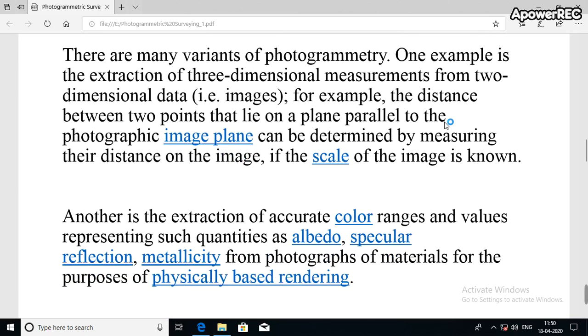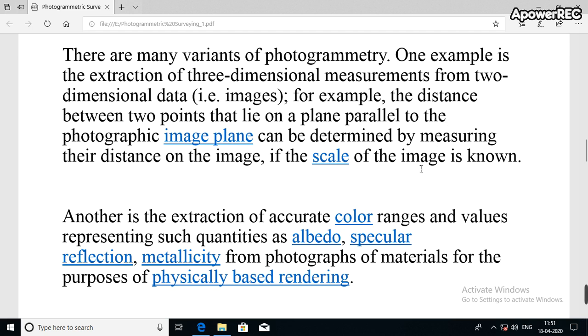There are many variants of photogrammetry. One example is the extraction of three-dimensional measurements from two-dimensional data, which means the photo that we are getting is two-dimensional. From there, by applying different methods, we can easily get the idea about the three-dimensional measurements of that area.